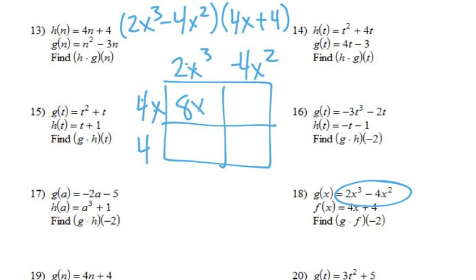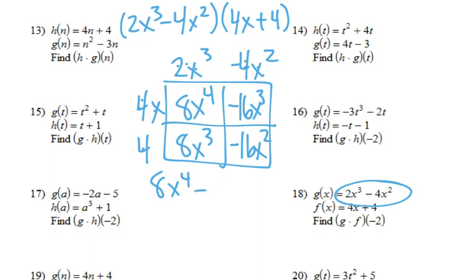X times x cubed is x to the 4th. 4 times negative 4, negative 16. X squared times x, x cubed. 4 times 2, 8, x cubed. 4 times negative 4, negative 16, x squared. So we get 8x to the 4th minus 8x cubed minus 16x squared.